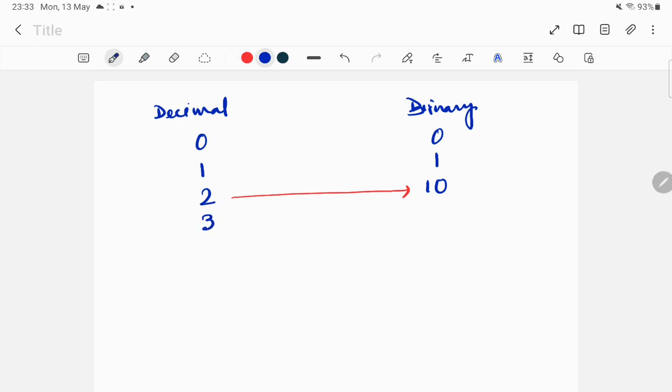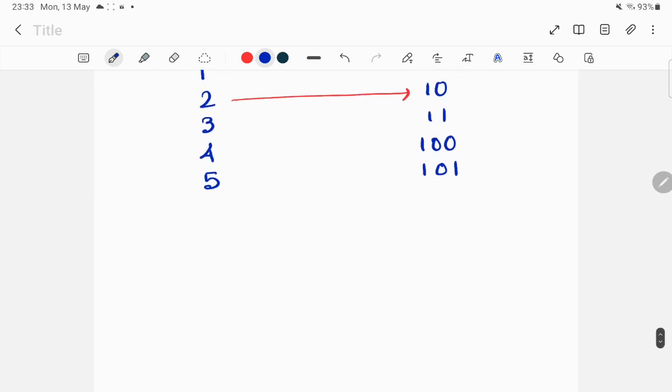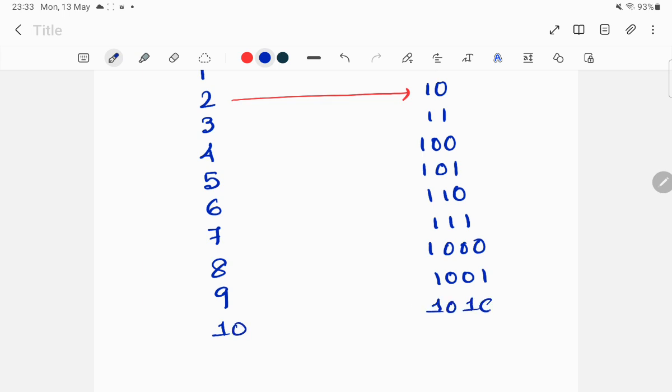Similarly, 3 decimal is 11, 4 is 100, 5 is 101, 6 is 110, 7 is 111, 8 is 1000, 9 is 1001, and 10 is 1010.